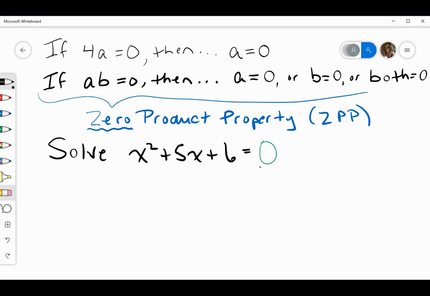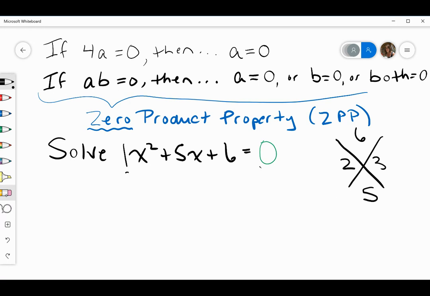So if you were paying attention to the name of this lesson, it's to factor. And our strategy when we factor is to say, well, what is a times c? Numbers that multiply to 6, but add to 5. So easy enough, right?